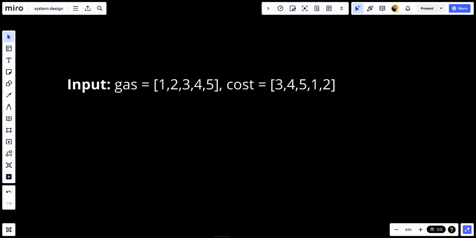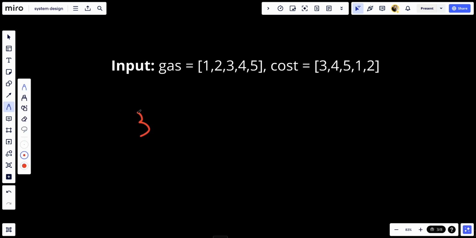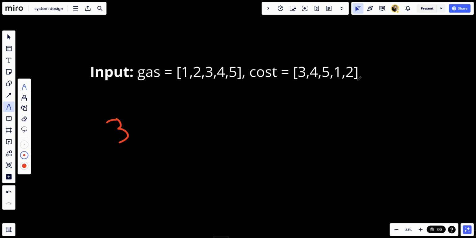The output of this one should be 3. But why? Basically, we are talking about the index of 3 here. So we start at the station at index 3.